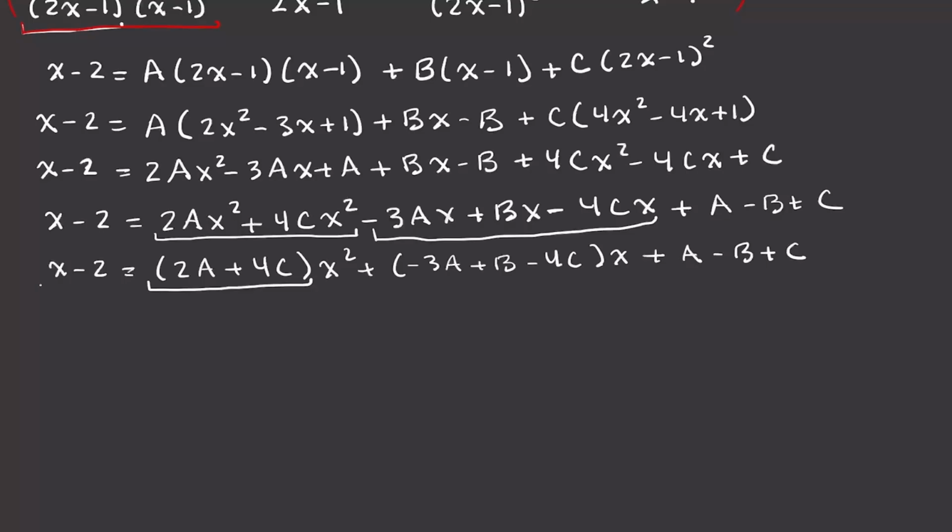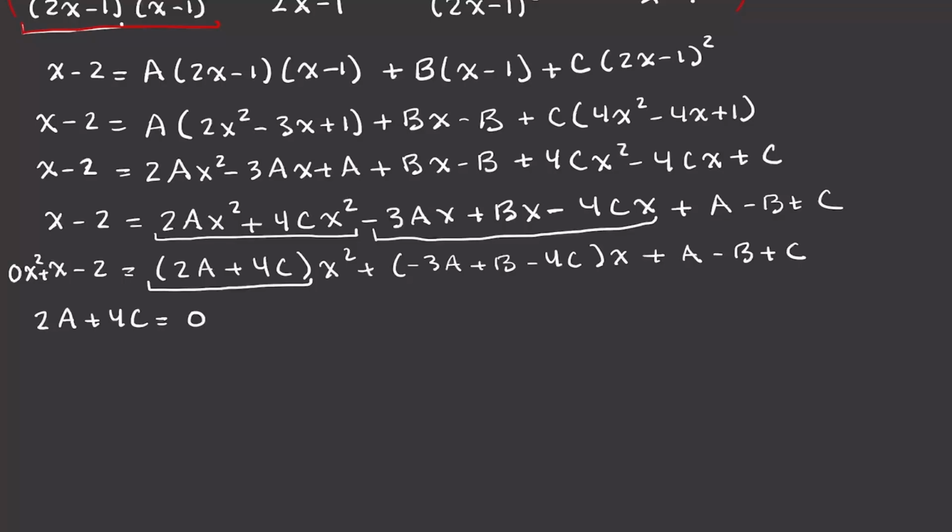On the left-hand side of the equation, we do not have any x squared, so we use a placeholder of 0x squared plus x. Now we create a system of equations. We take whatever is in front of the x squared and set them equal to each other. That gives you 2a plus 4c equal to 0.